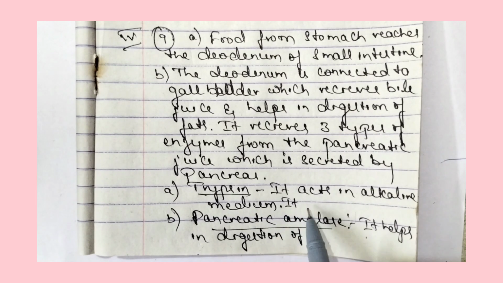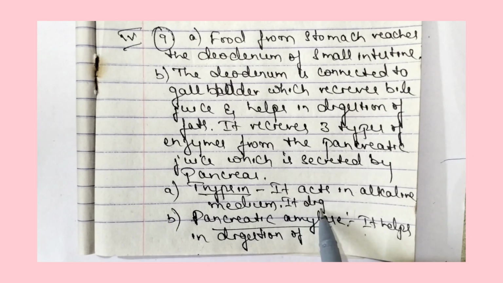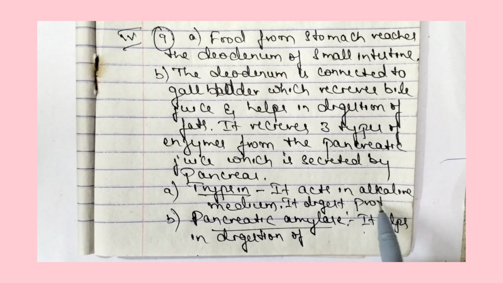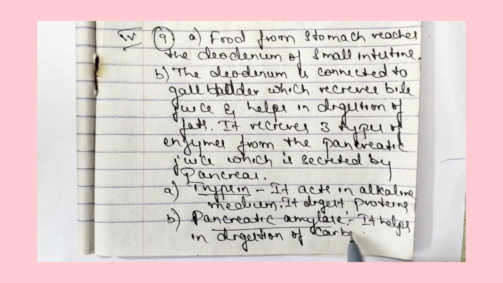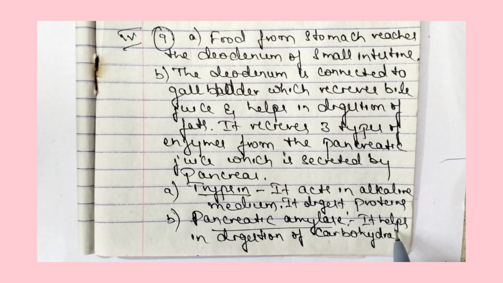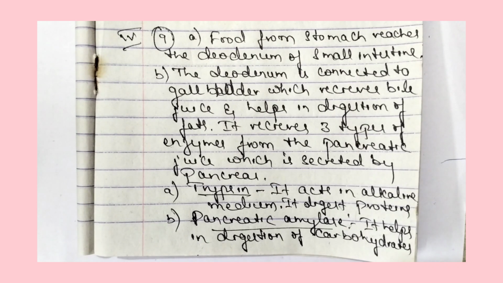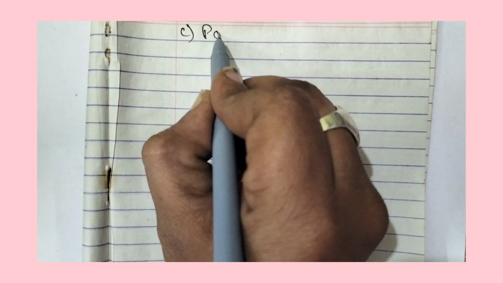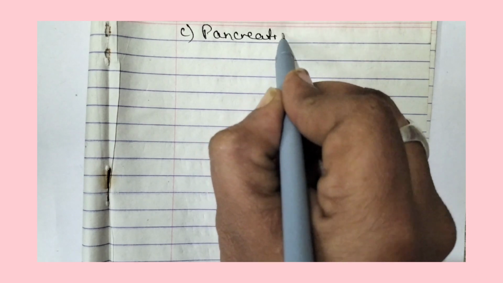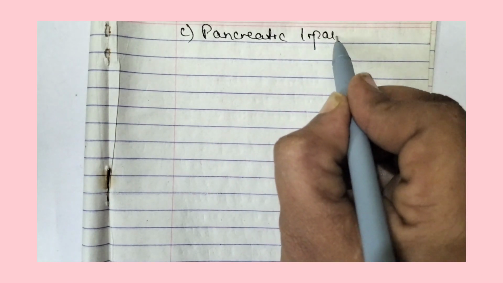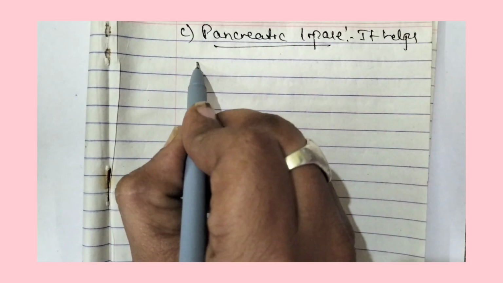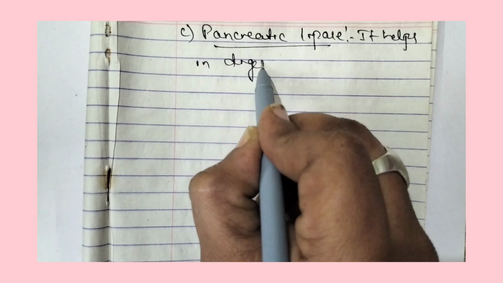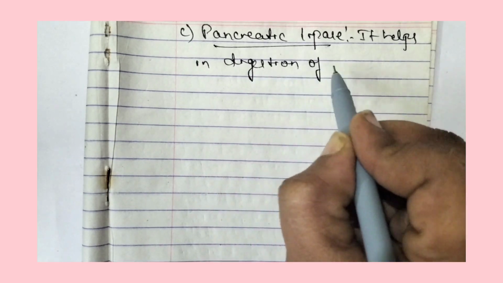Pancreatic amylase helps in digestion of carbohydrates. Then the third enzyme is pancreatic lipase. It helps in digestion of fats.